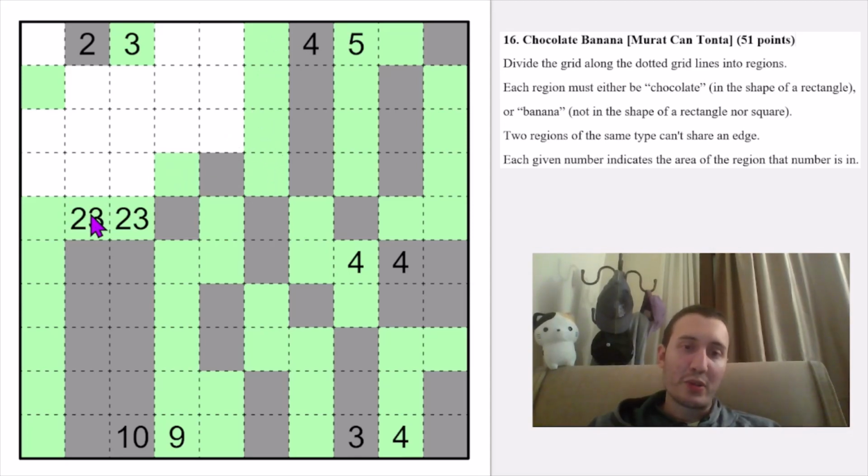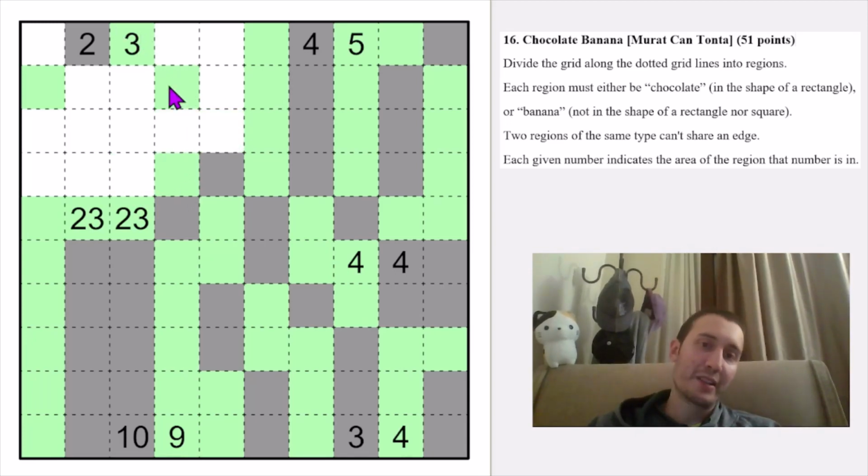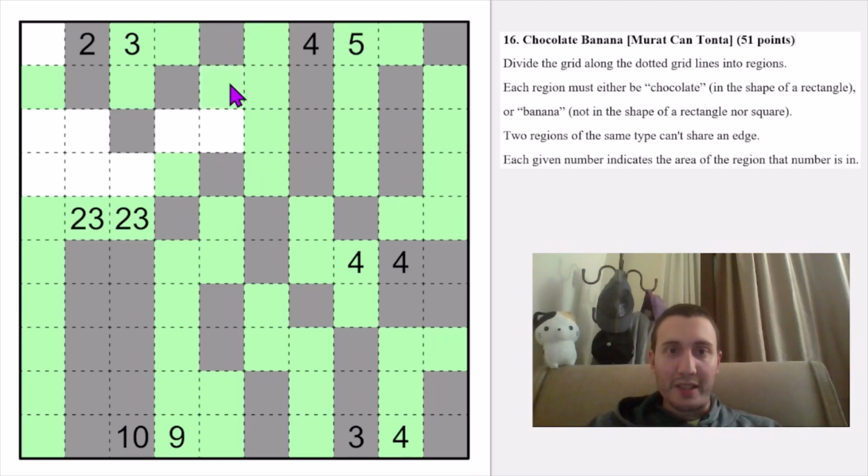This needs to go into the 23 region, but remember that this is still a banana region, so if it was taking this cell, it will be stopping the flow of these 4 cells. It cannot go into the 23 because it will be clashing with the tree. So it's not taking this cell, but then it only has one option to be a banana region. So all of these are forced flows from here into the 23.